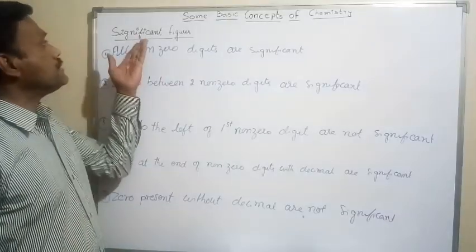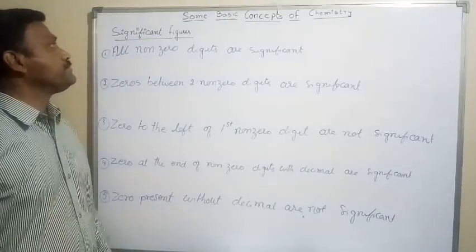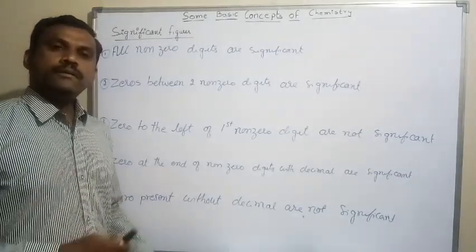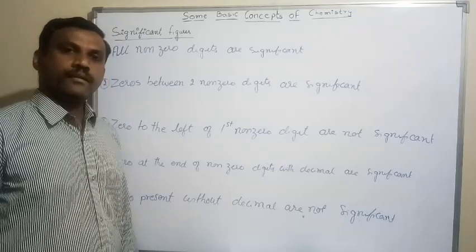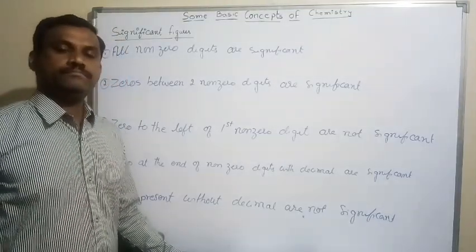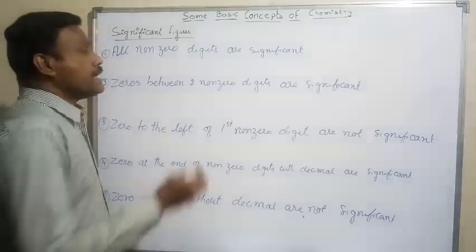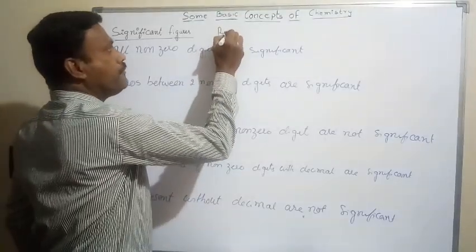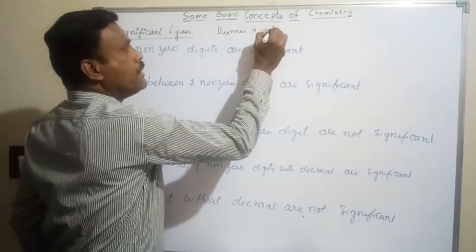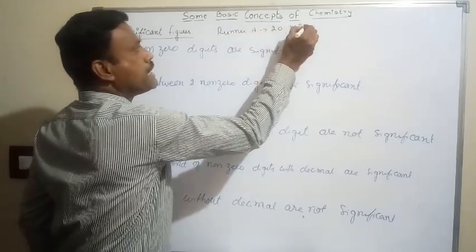Next, significant figures. Let me go with a very simple example. Let us say that there is a running competition. Runner A takes 20.1 seconds.